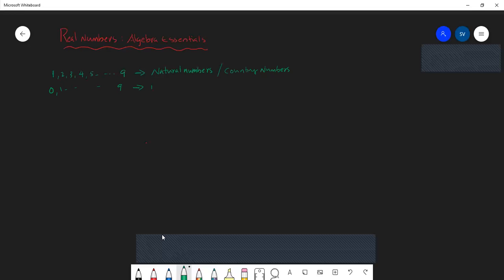So when zero is added to the set of natural numbers, the name of that set changed into whole numbers. At that time, the discussion developed in different directions.